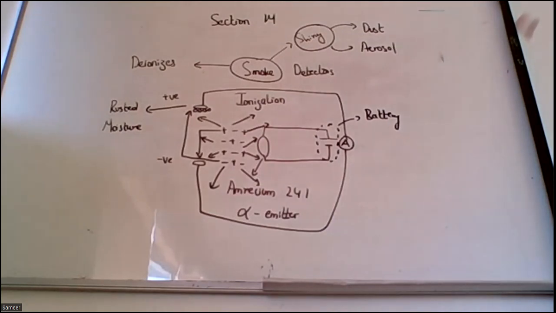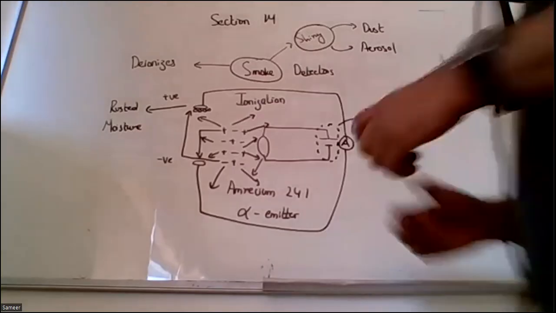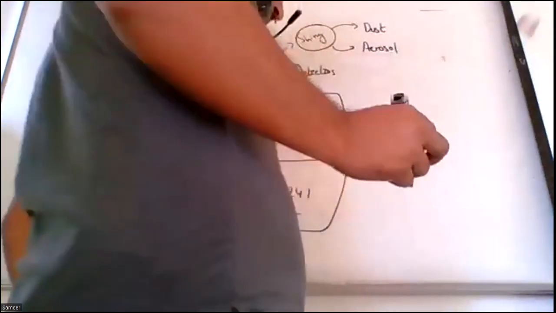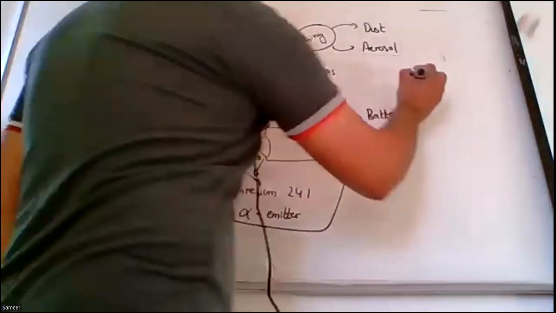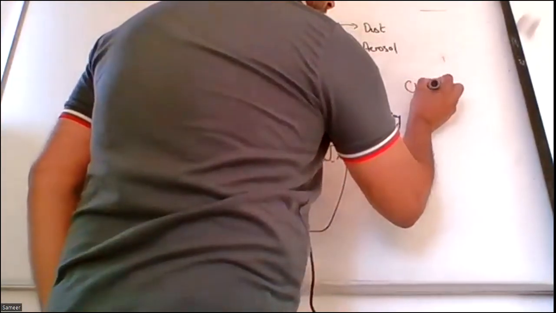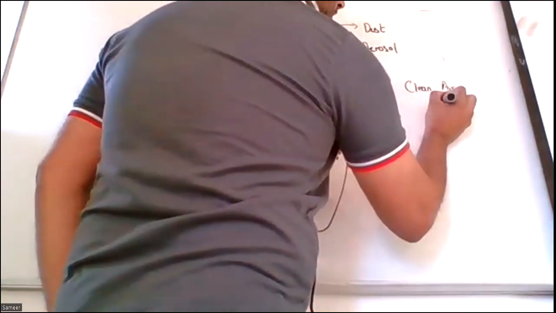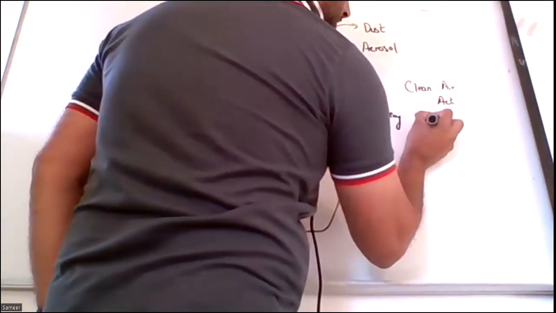We are not using ionization detectors anymore. They are being banned by two very important organizations. The first one is the Clean Air Act, and the Environmental Protection Agency, EPA.